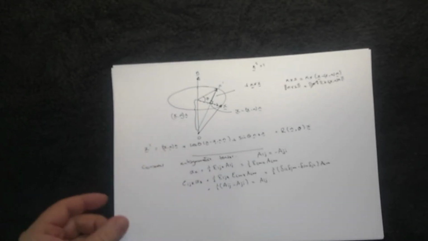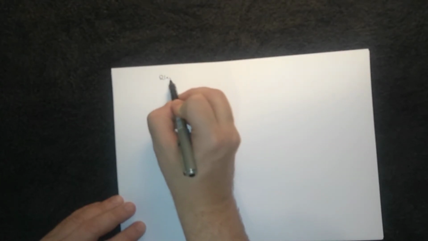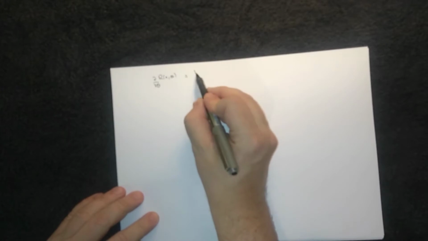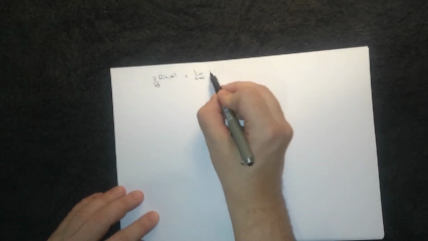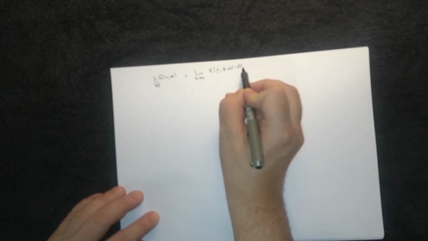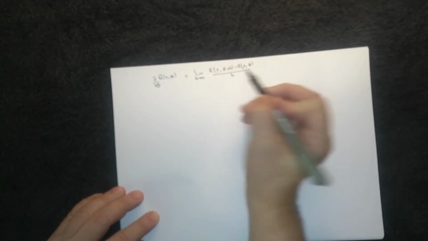Going back to the rotation, let's work out the partial derivative with respect to theta. First principles, that's the limit h goes to 0 of the rotation n of theta plus h minus rotation n of theta divided by h.